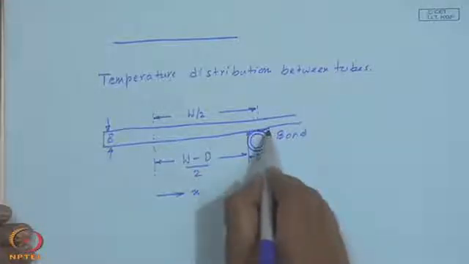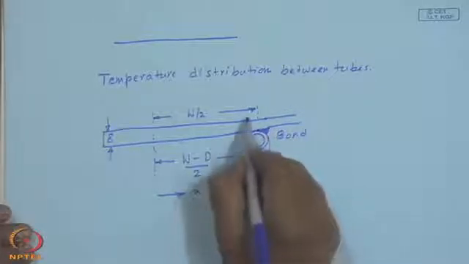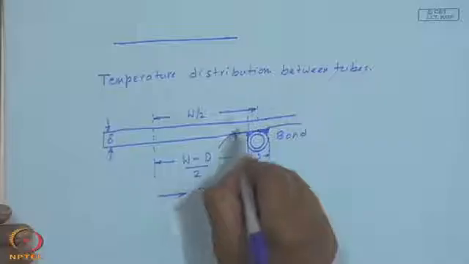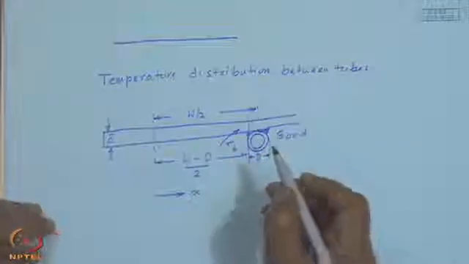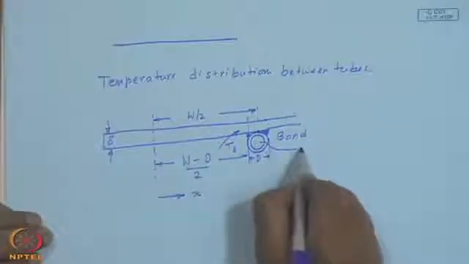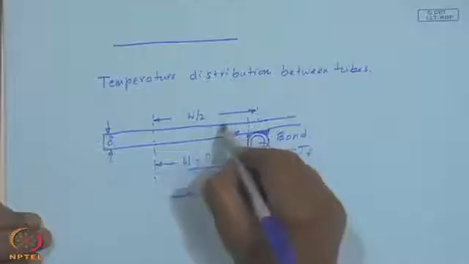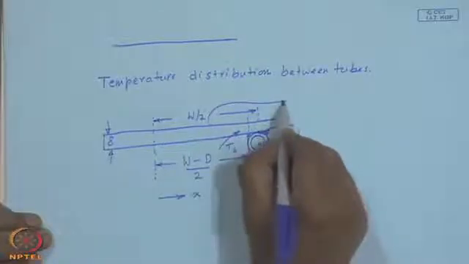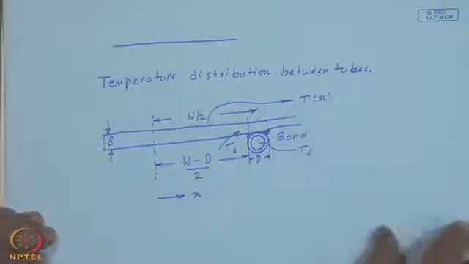It is given by some bond conductance, and then at the base will be a temperature of T b. Inside will be T f. Over here it will be a T x, all right.